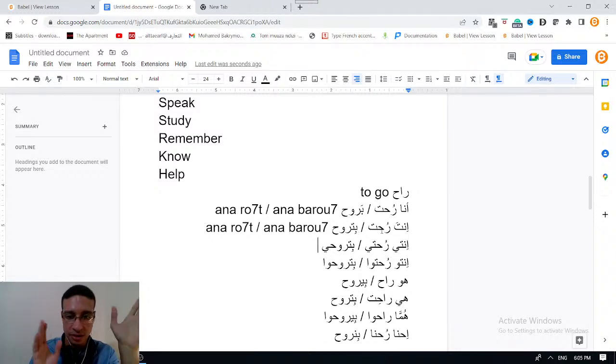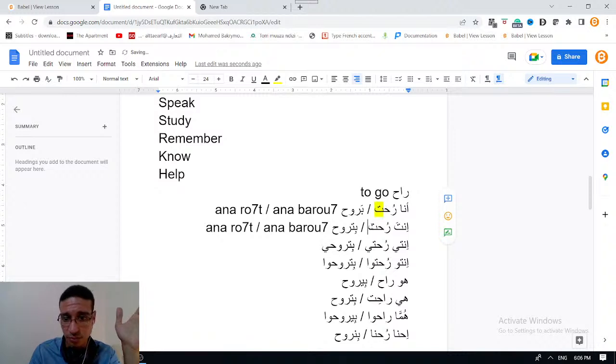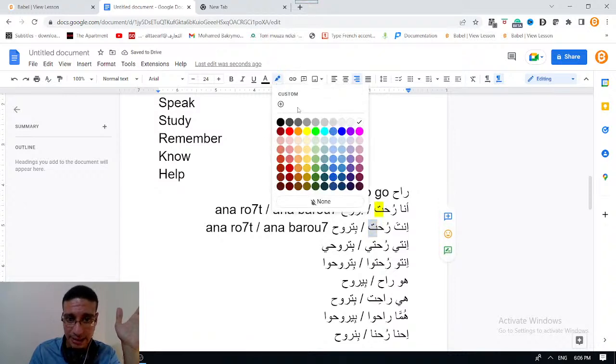Just remember the most important thing is that in the past tense verb conjugation there are no prefixes, only suffixes, only endings.